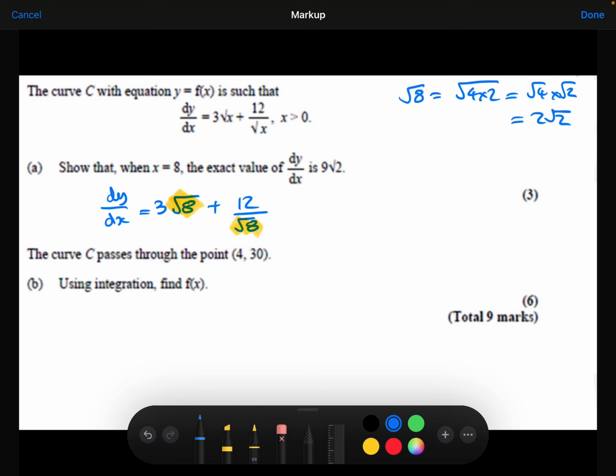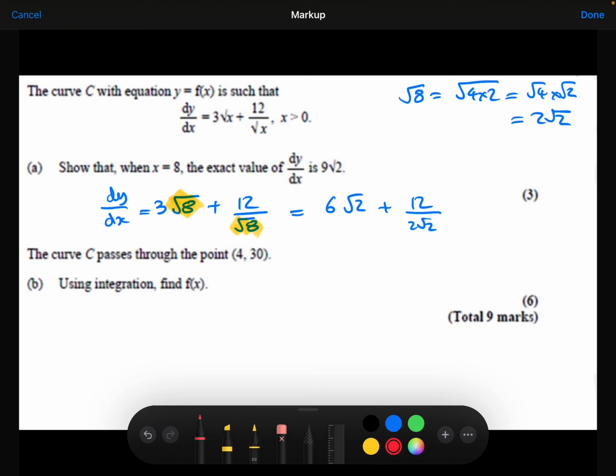Just a quick bit of surds revision from GCSE there. So root 8 is the same thing as 2 root 2. So therefore, I can rewrite 3 root 8 as 3 lots of 2 root 2, or 6 root 2, plus 12 over 2 root 2.